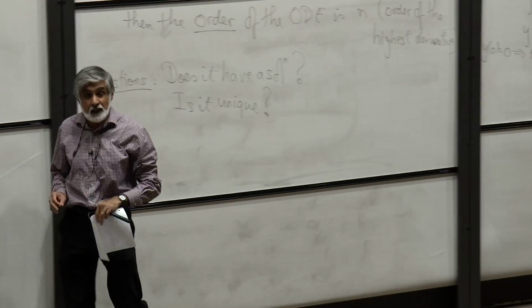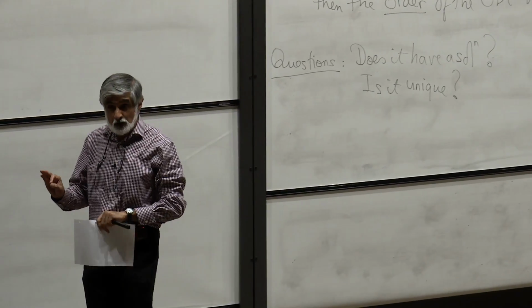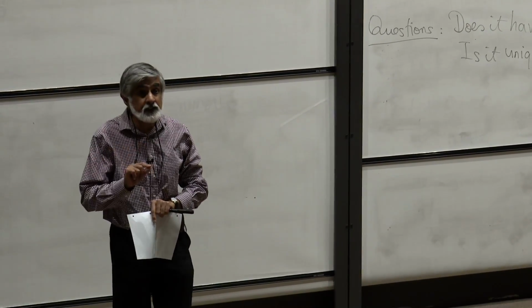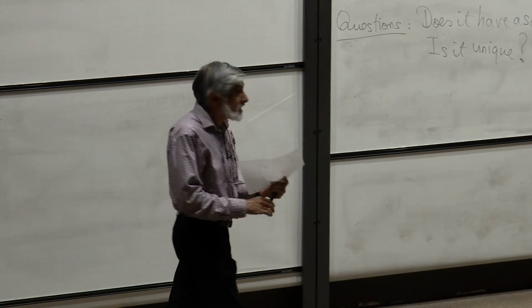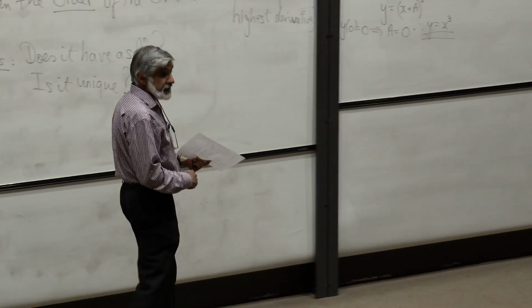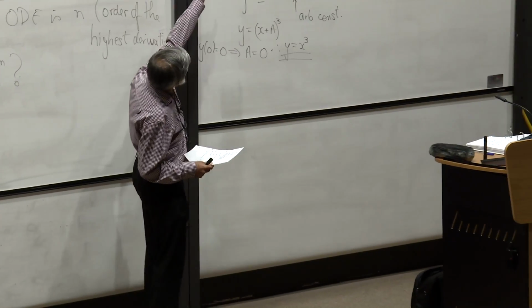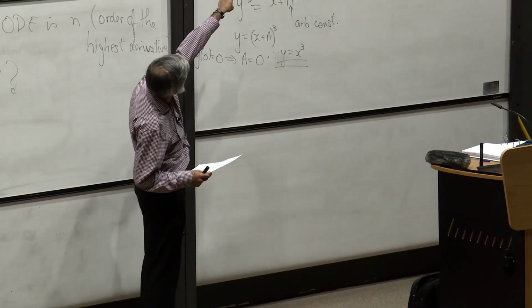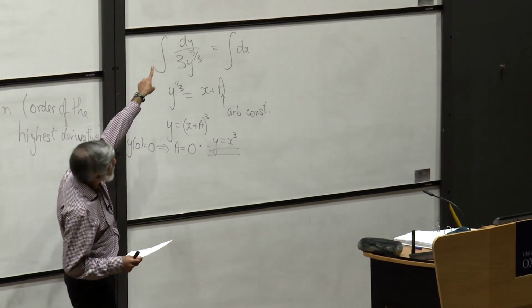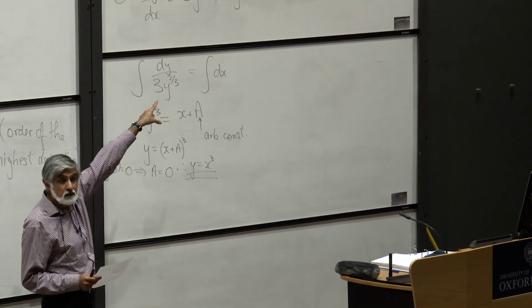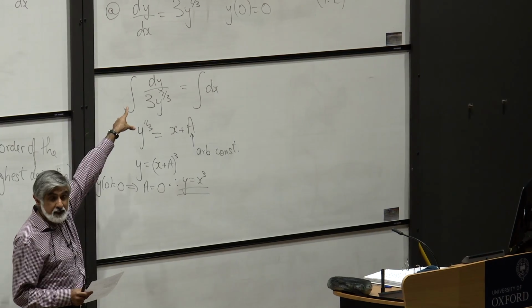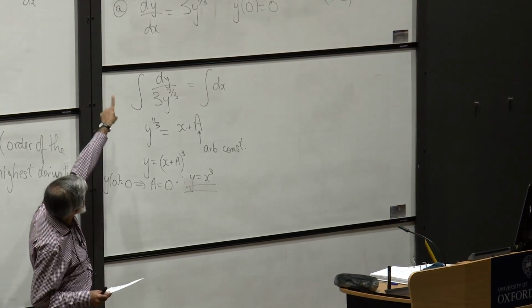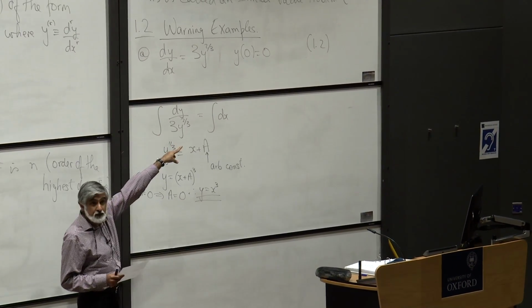And notice I've said there is a solution. I've not said there is the solution. Because if you were really lazy, you would just look at that thing up there, and you would say, well, if y was 0, dy by dx would be 0. So 0 equals 0, and y of 0 is 0.